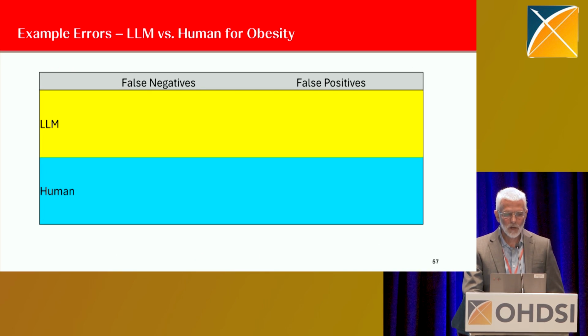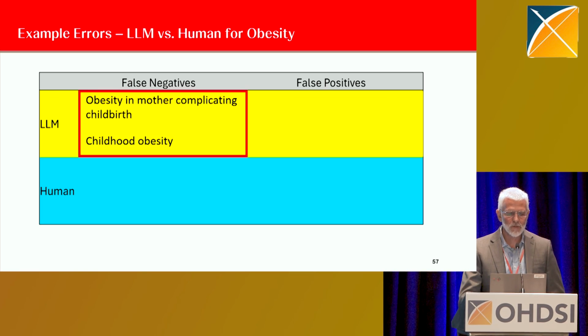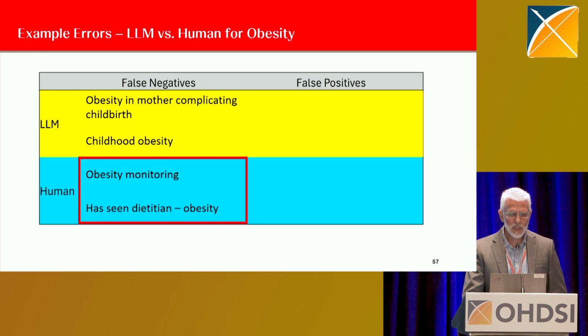We found some errors that I wanted to point out as an example, for the case of obesity. For false negatives, the things that they had missed: the LLM missed obesity in mother complicating childbirth and childhood obesity. The humans missed obesity monitoring and has seen dietitian obesity.